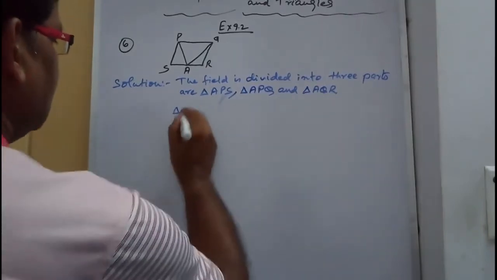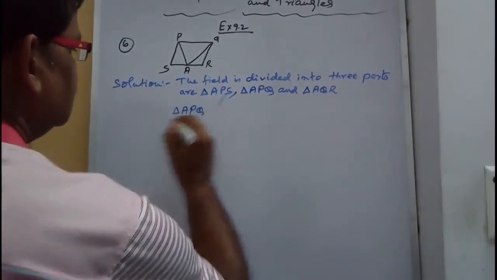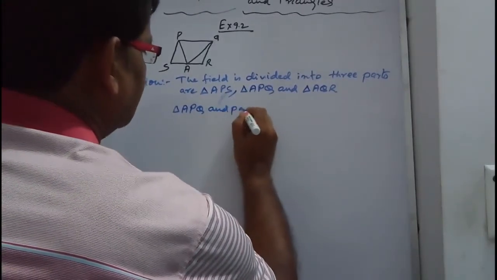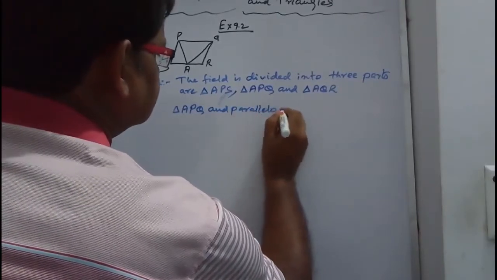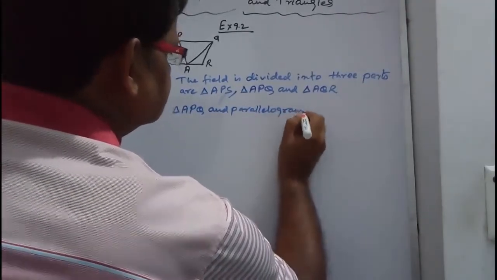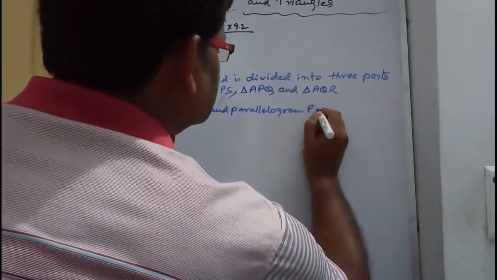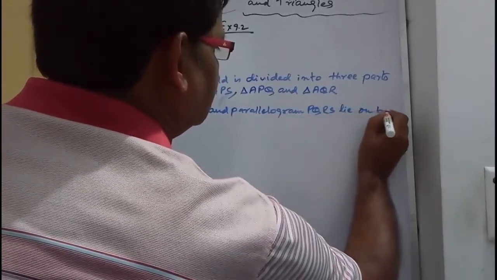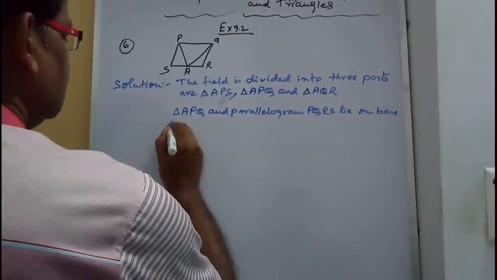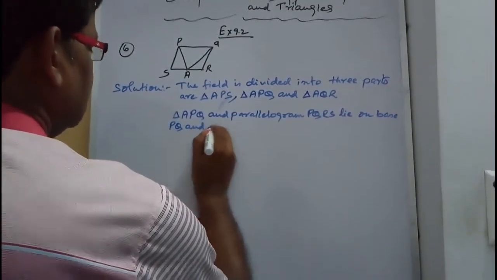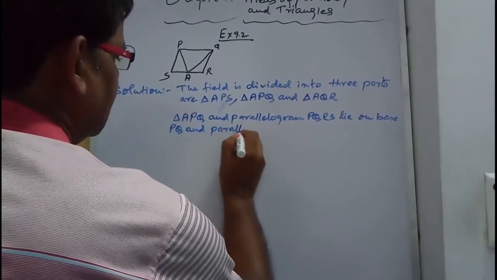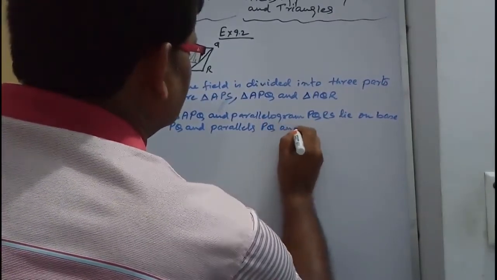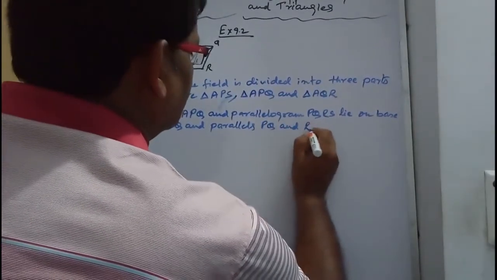Triangle APQ and parallelogram PQRS lie on base PQ and parallels PQ and RS.